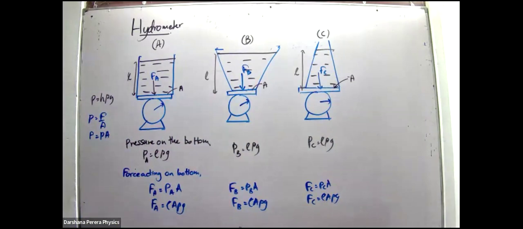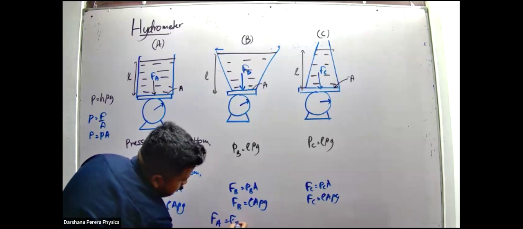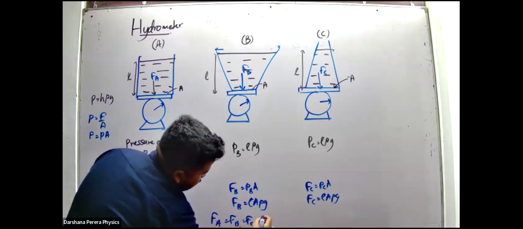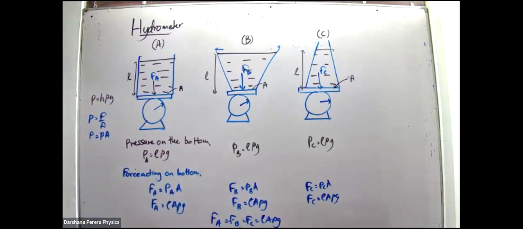Okay, let's write down this one. Also write the forces. FB equals FC equals H A rho g.